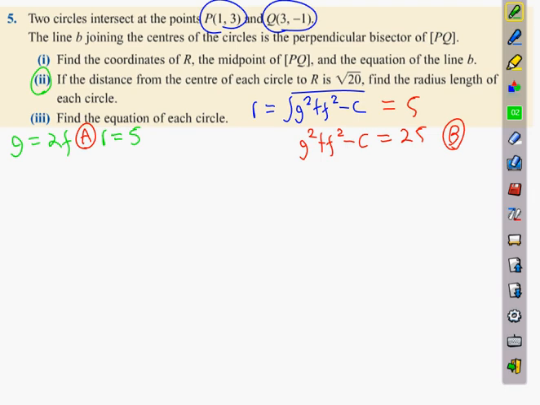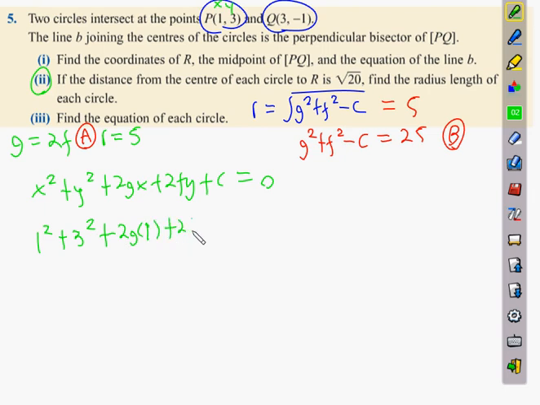I'll use 1, 3. So we're going to get x squared plus y squared plus 2gx plus 2fy plus c equals 0. X and y, 1 squared plus 3 squared plus 2g times 1 plus 2f times 3 plus c equals 0. 2g plus 6f plus c equals minus 10.